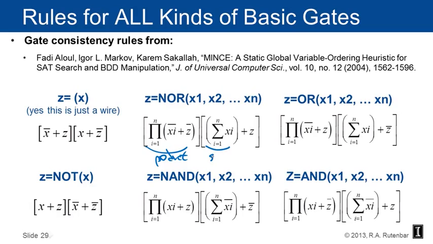So this is a sum, an OR of all of the inputs. If you had four inputs, x1, x2, x3, x4, this is x1 plus x2 plus x3 plus x4. And then you've got one more term in the sum, which in this case is just the z term.